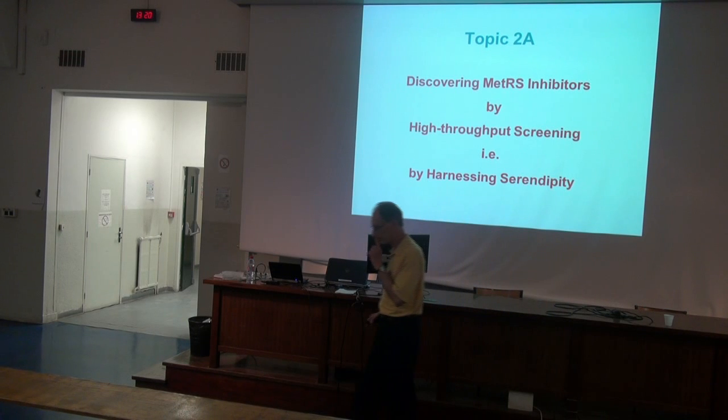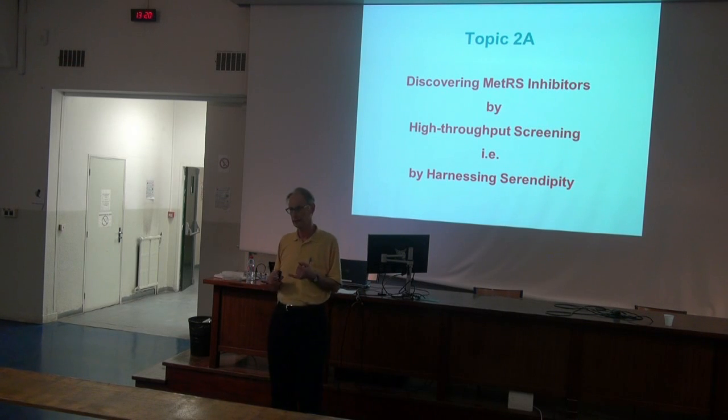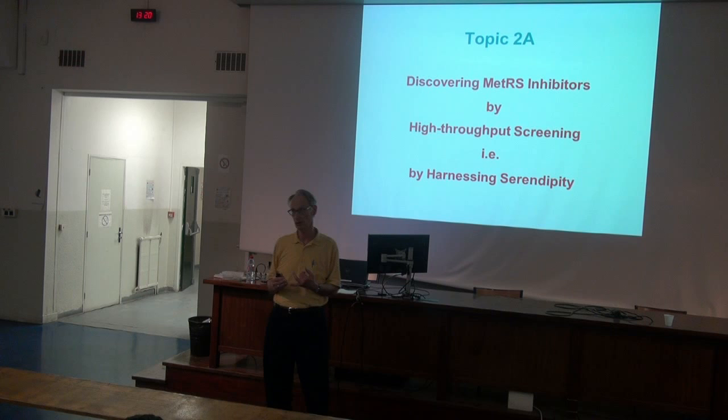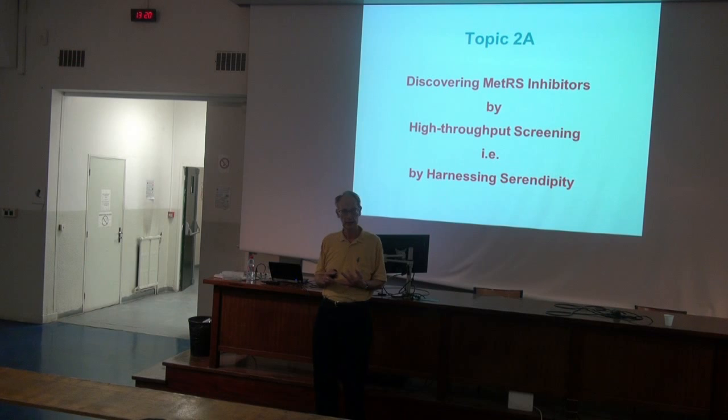Well, I'd like to interject one more point. Why is methionine tRNA synthetase a good drug target? First of all, it binds ATP, so it has an adenine binding pocket. And as you may know from work on protein kinases, Gleevec, cancer, and so on, adenine binding pockets can be very good drug targets.